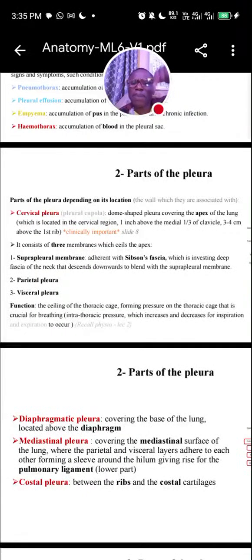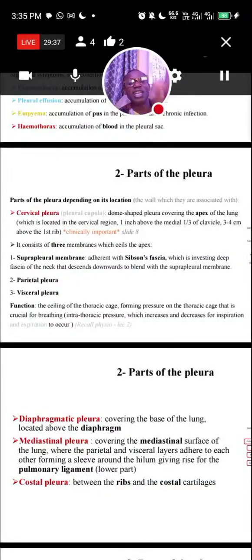Now we talk about the parts of the pleura. And what do we use for the parts of the pleura? We said MDCC, Madonna Central Choir.